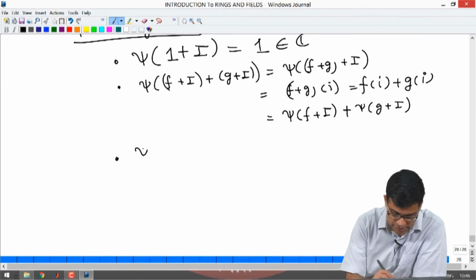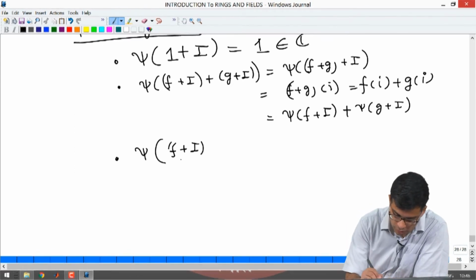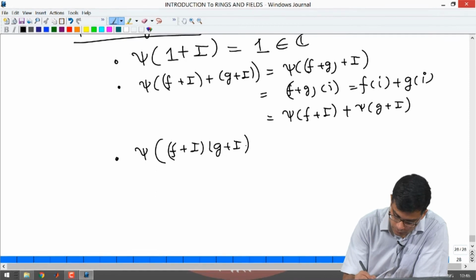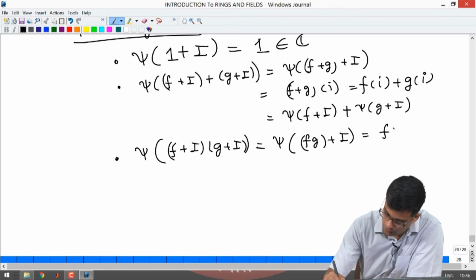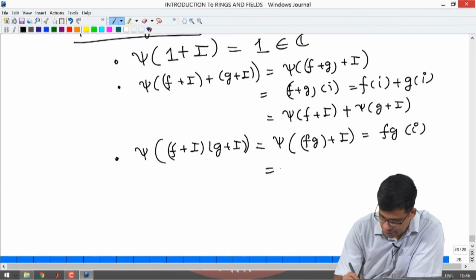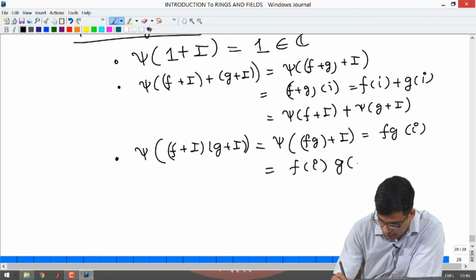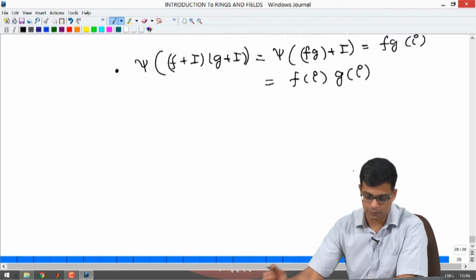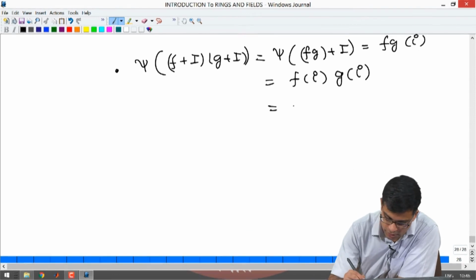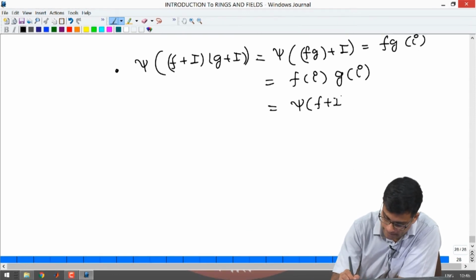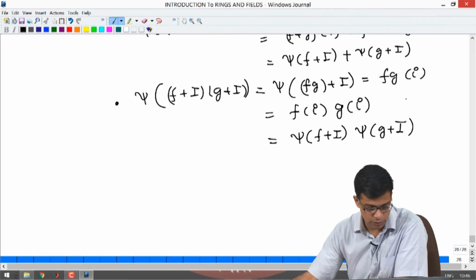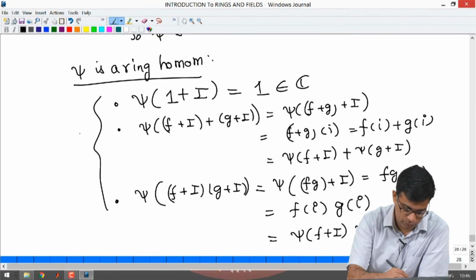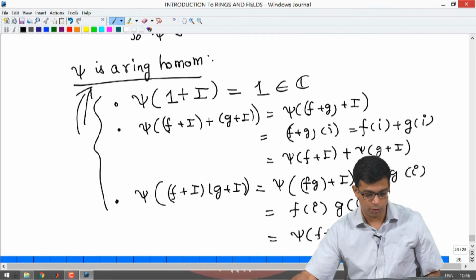And finally, psi of (f + I) times (g + I) is by definition of multiplication psi of fg + I, which is (fg)(i) by definition of psi, which is f(i) times g(i) by properties of polynomial rings, and this is psi of (f + I) times psi of (g + I). Okay. So, these three properties imply that psi is a ring homomorphism.